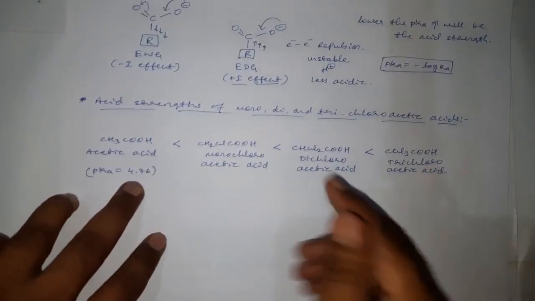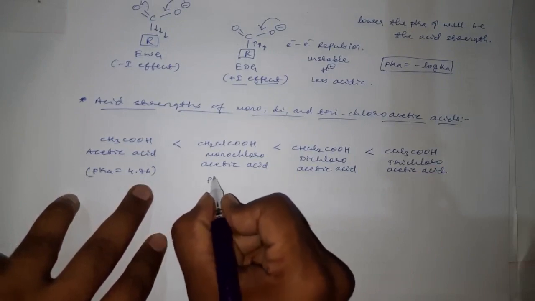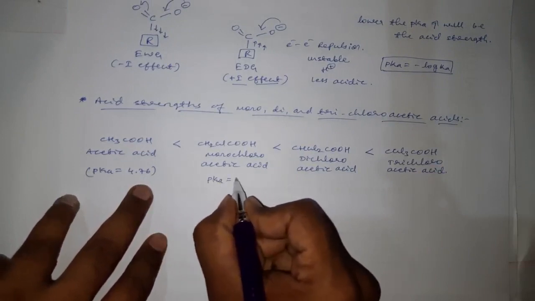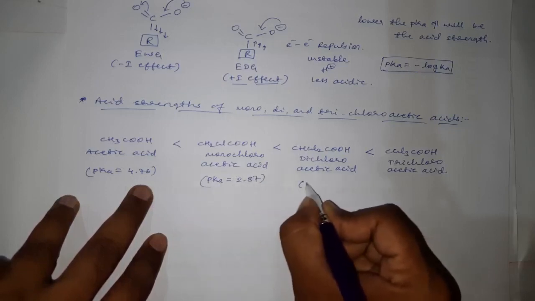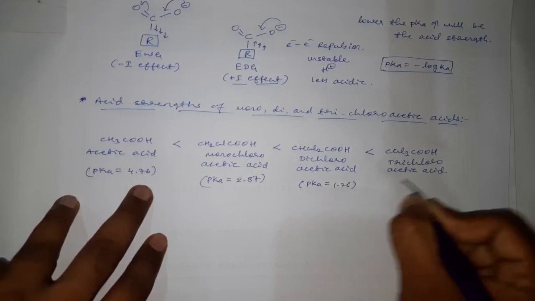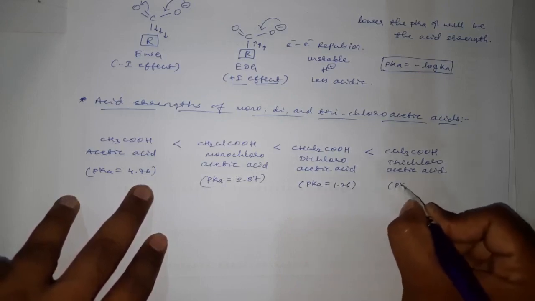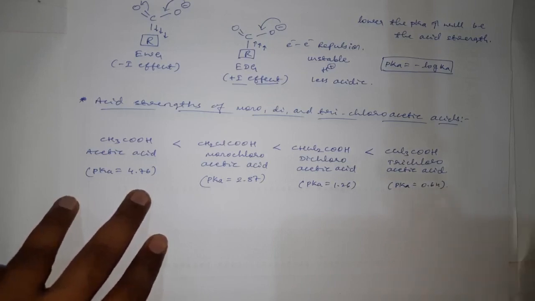This acetic acid is having 4.76 pKa, then monochloroacetic acid is having 2.87 pKa, then this dichloroacetic acid is having 1.26 pKa, trichloroacetic acid is having 0.64 pKa.